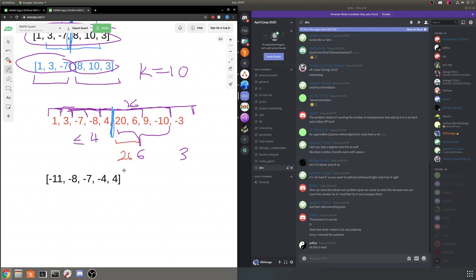And all you have to do is to find, if I were to combine this prefix with one of these suffixes, what do the values have to be in order to keep the total sum less than or equal to 10?